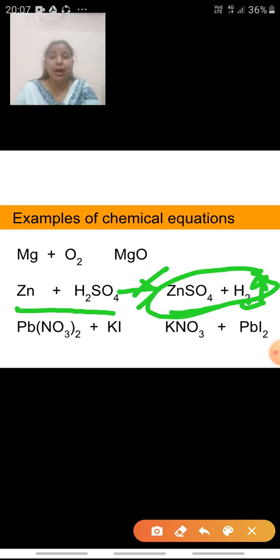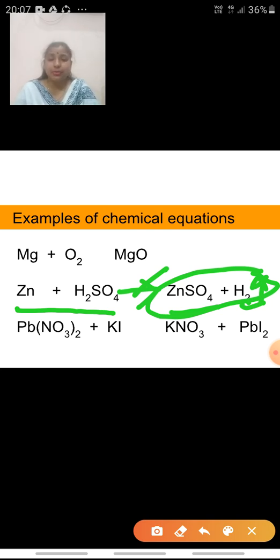Sulfuric acid is a compound, so we write the formula, that is H2SO4. When the two react together, they result in the formation of products, and the products that are formed here are ZnSO4, that is zinc sulfate, and H2 gas, that is hydrogen gas.